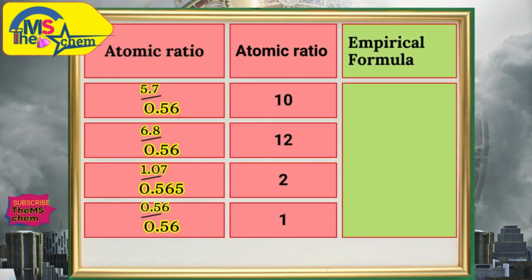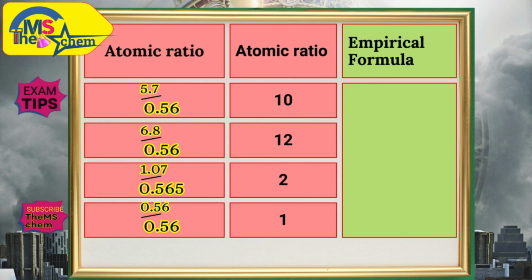Now we go further to find the atomic ratio. We simply divide 5.7 by 0.56, and 0.56 is the smallest of the number of moles we calculated in the previous table, so it gives 10. For hydrogen we divide 6.8 by 0.56, which comes out to be 12.